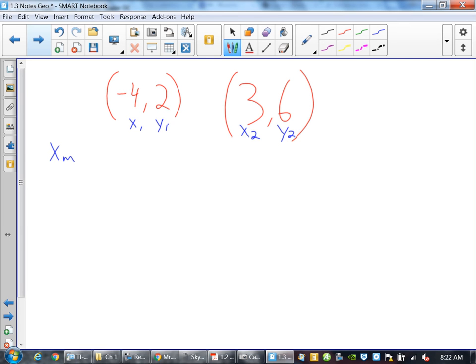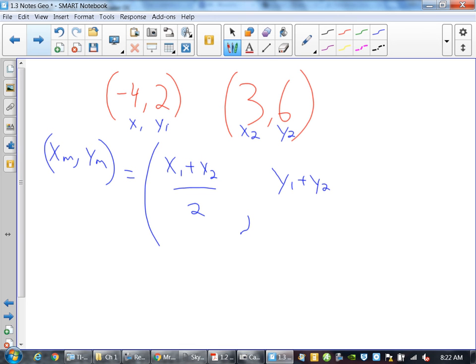My midpoint, hold on one second. It's going to be the first plus the second divided by 2, comma, the first plus the second divided by 2.